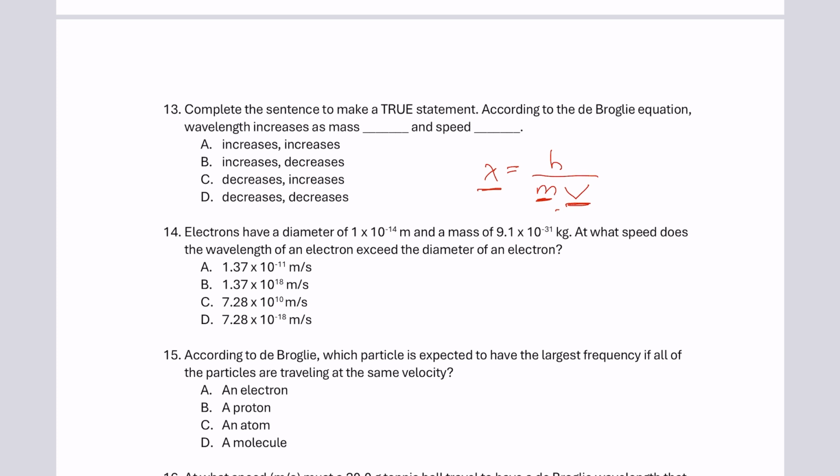So as mass increases, the wavelength decreases. As velocity increases, the wavelength also decreases, and vice versa. If the mass decreases, then the wavelength increases. And if the velocity decreases, then the wavelength also increases. So to fill in the blank, according to the de Broglie equation, wavelength increases as mass decreases and as speed decreases. So the correct answer here is D.